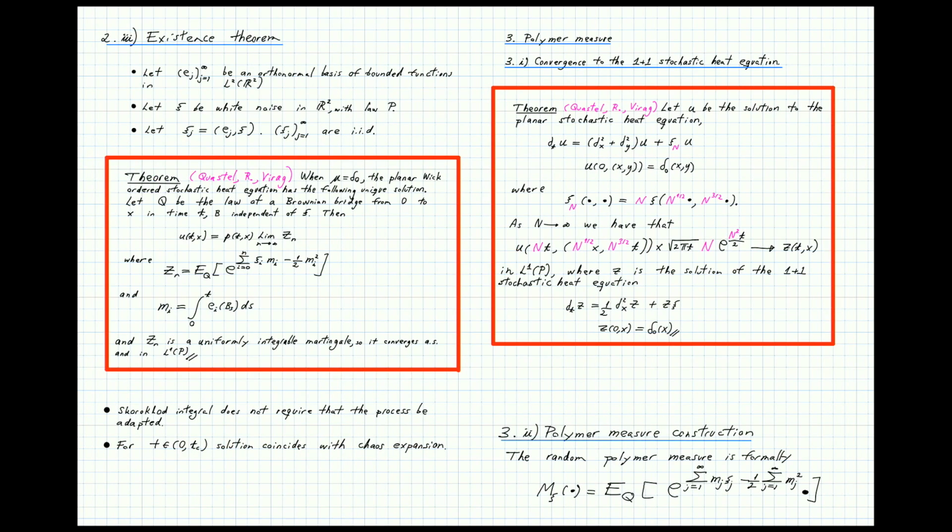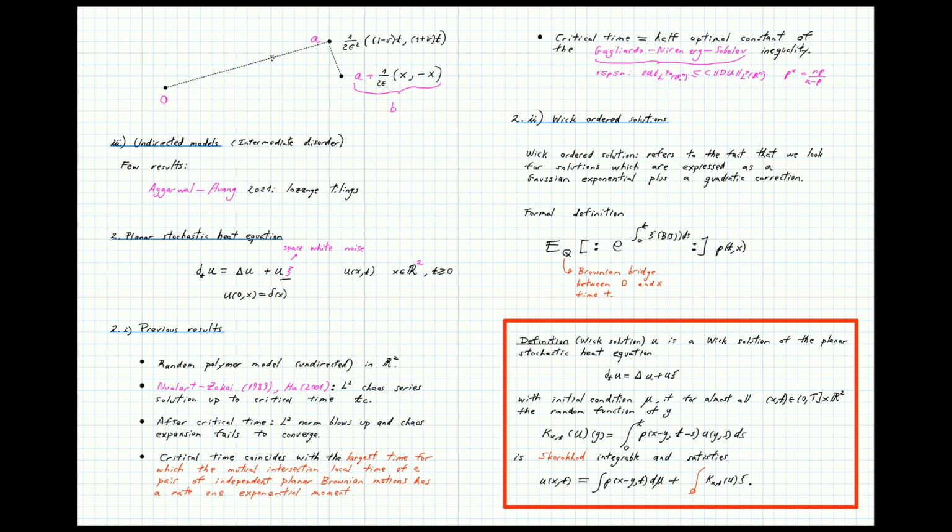So I am just truncating the expansion and taking the limit. The important fact is that these martingales are uniformly integrable, and they converge in L1. And the limit is a solution of the planar stochastic heat equation, valid not only up to the critical time, but also beyond the critical time.